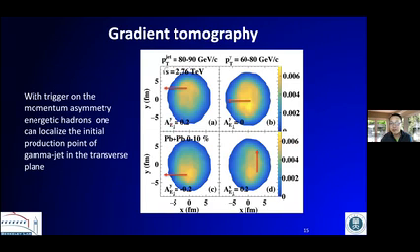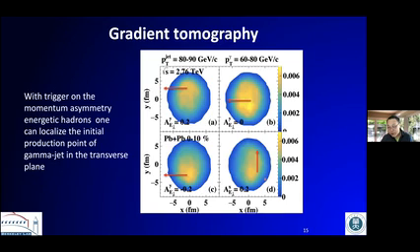If you have no asymmetry, all the production points are centered in the center, while if you have positive asymmetry, it is biased toward the upper plane, and also towards this direction here. If it is negative, it is biased towards downward.